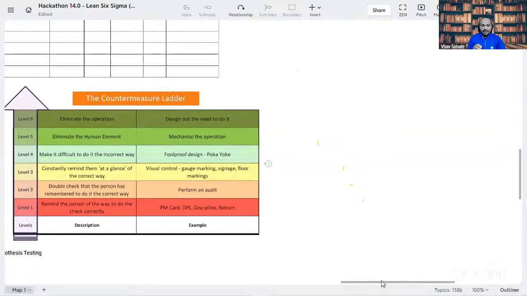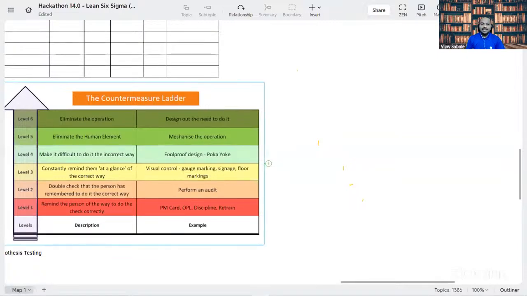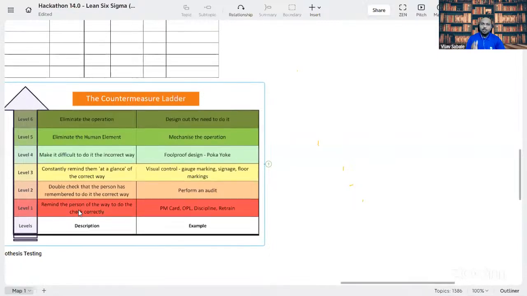Now, please understand here. The lower the level of countermeasure, the weaker the countermeasure. You can also see that by the color. The red color indicates that this countermeasure is not going to address your root cause, so your problem is going to repeat again, right? As you go to level 2, you can say it's somewhat red.